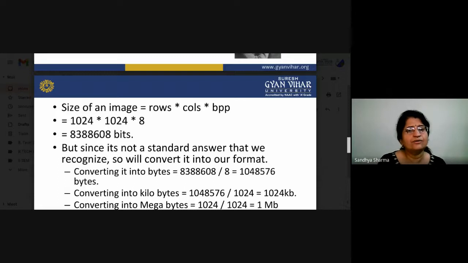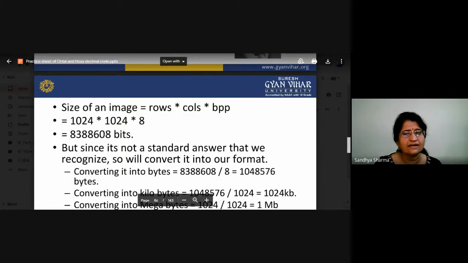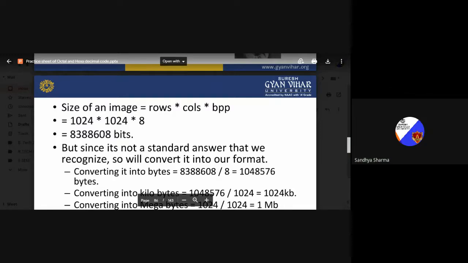This is a large amount, so how can you calculate it by converting it into bytes? This is in number of bits, and since bits are not the standard unit, we have to convert it to bytes of the image by dividing by 8. Whatever number of bits you have, divide it by 8 and you get the number of bytes.